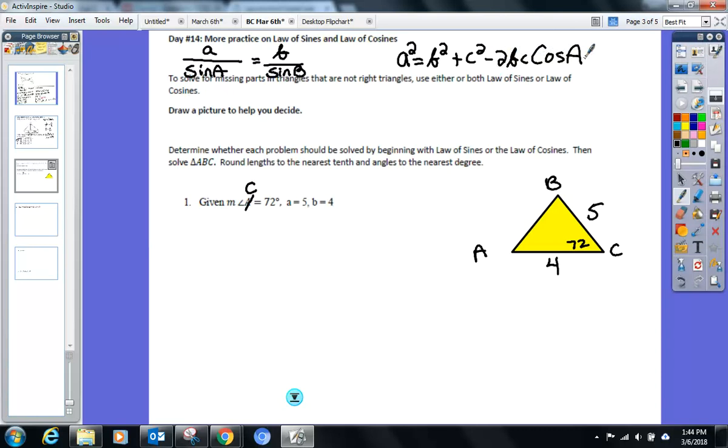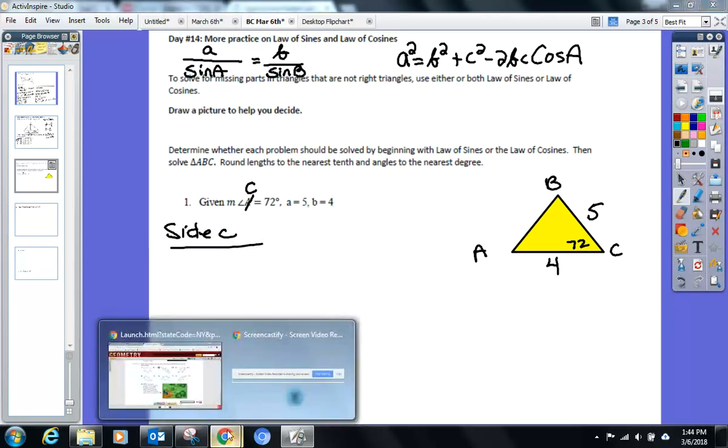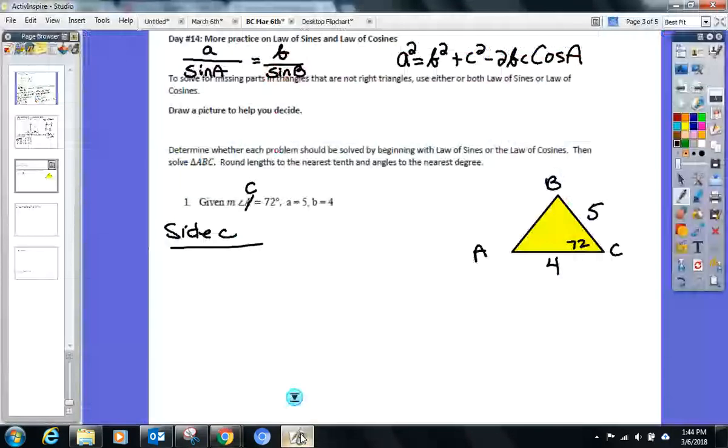Fine that you know to use law of cosines, but what can I find using the law of cosines? I can find side C, right, using the law of cosines. So that's my first thing I can do, is find side C. So I'll start law of cosines out with what here? Side C. Oops.